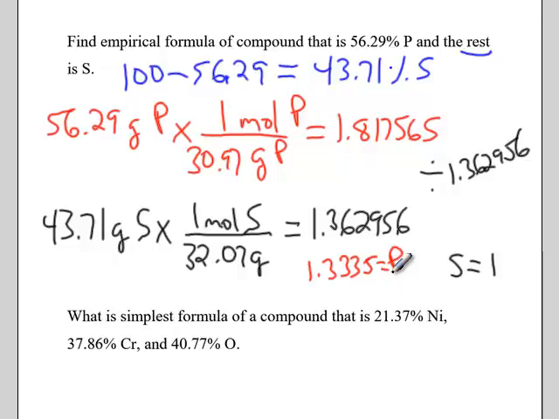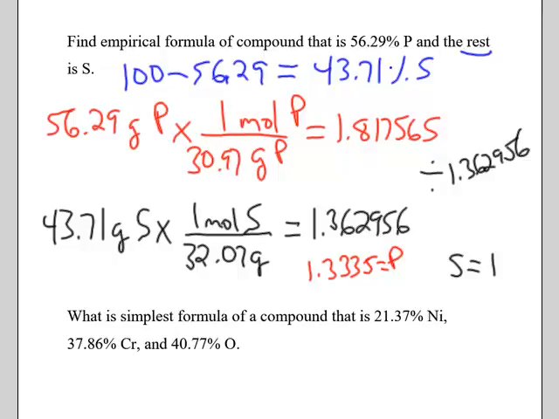Now, the last problem, everything worked out to be very close to a whole number at this point. 1.33 is too far away to round it down to a 1. We can't round it up to a 1.5. We definitely can't round it up to a 2.